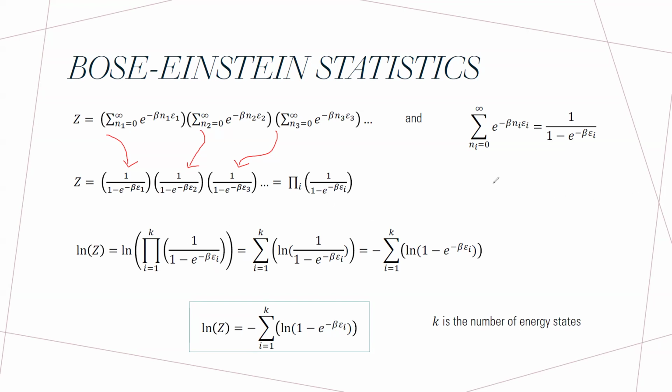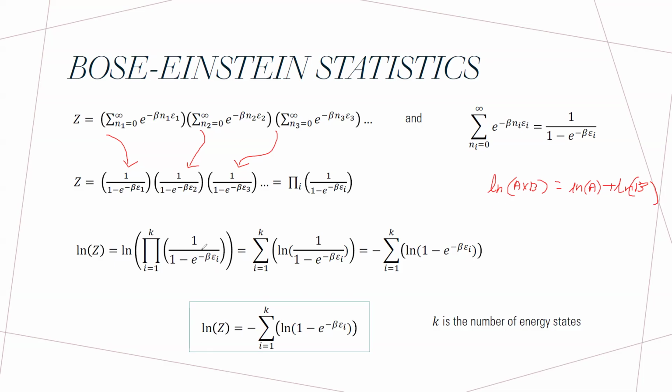However, we know the product rule of logarithms. So ln of A times B is equal to ln of A plus ln of B. So that is what we are doing here.